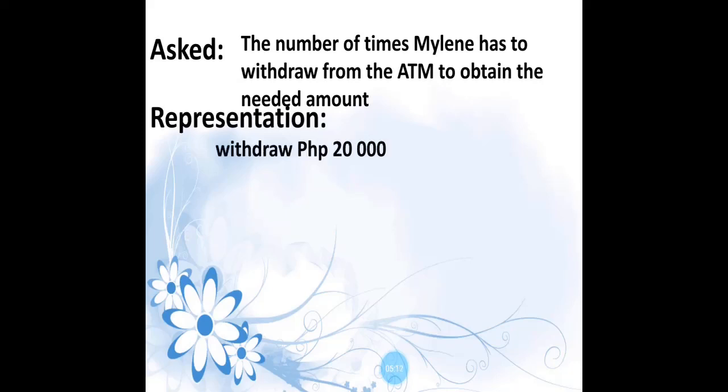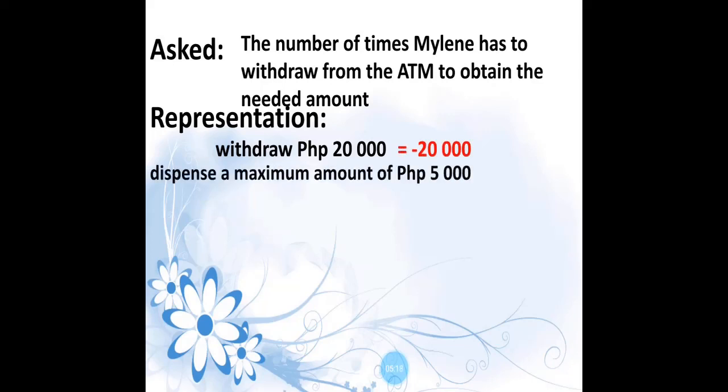Representation will be: withdraw 20,000, so that's negative 20,000. Dispense a maximum amount of 5,000 pesos, so that is negative 5,000. For the operation to be used, we have division.